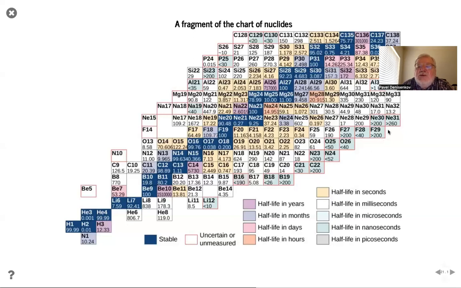isotopes that cannot hold any more neutrons. Here you can see the lifetime is in nanoseconds. So when we go to the right from the valley of stability, this means we move towards neutron-rich isotopes. When we move to the left from the valley of stability, we are moving into the region of proton-rich isotopes.